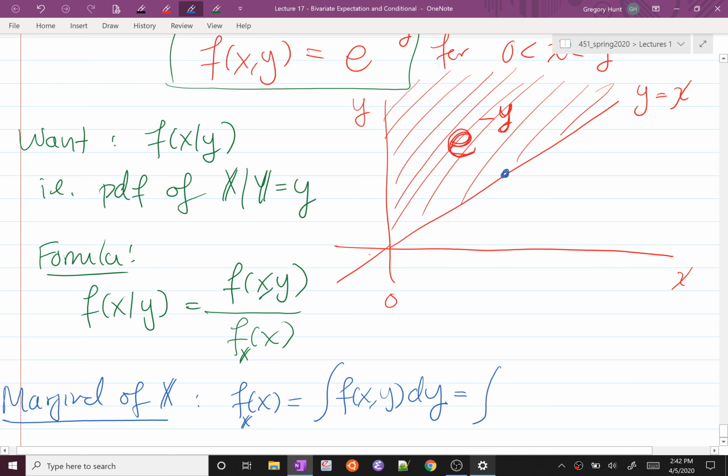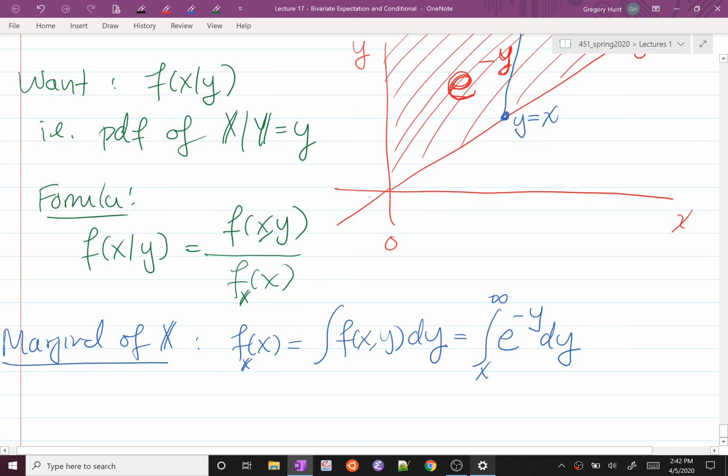For each value of x, I integrate from y is equal to x to infinity, right? So I go from x to infinity. My PDF is e to the negative y, integrate with respect to y. That will give me, I'm going to skip some steps here, but that will give me e to the negative x.